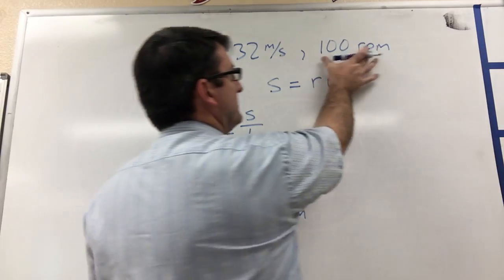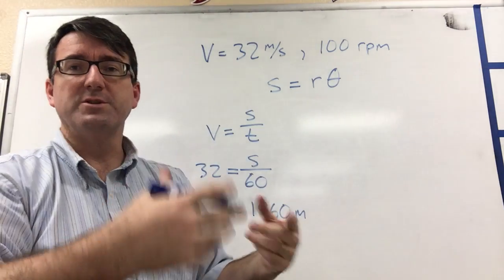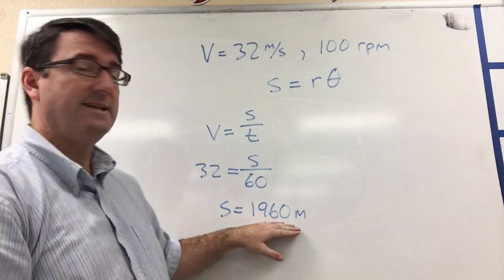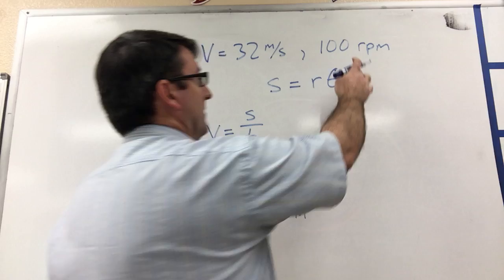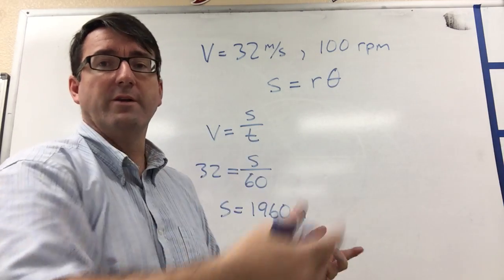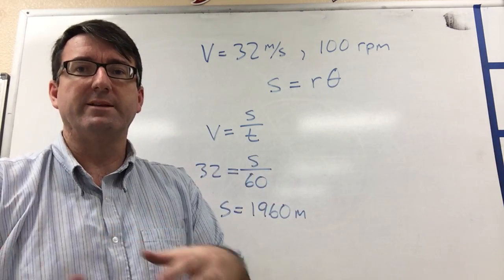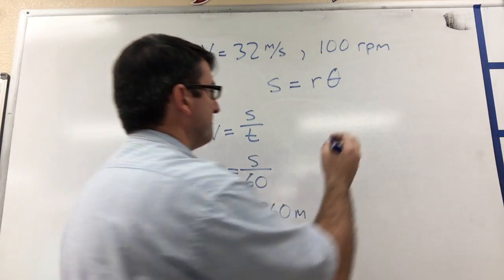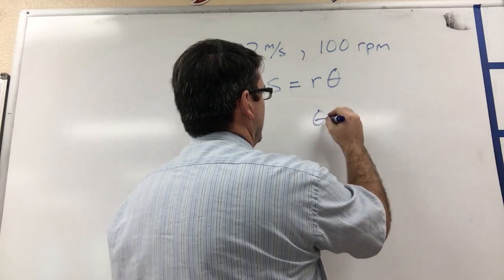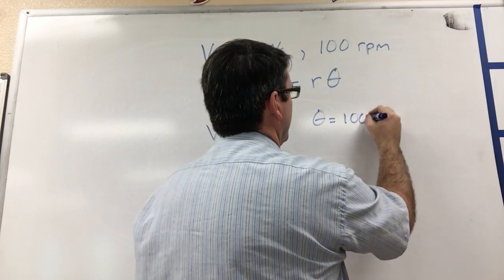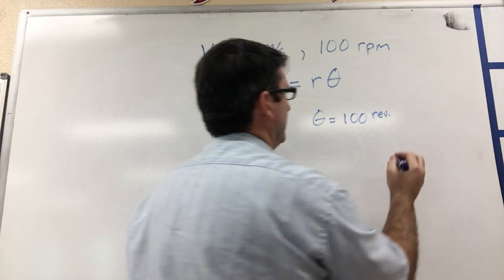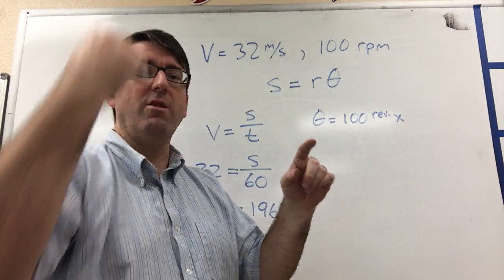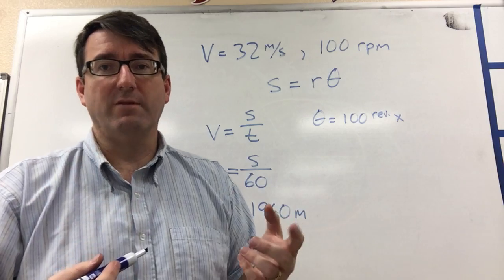All right, the angle now, we're going to use this revolutions per minute. So since we're just looking at 1 minute, that's what we got this into, that we're going 1,960 meters in 1 minute. So we're going 100 revolutions. We don't have to worry about the per minute. We're just considering what's happening in 1 minute. So our angle is going to be equal to 100 revolutions multiplied by, remember that all the way around a circle is 2 pi radians.